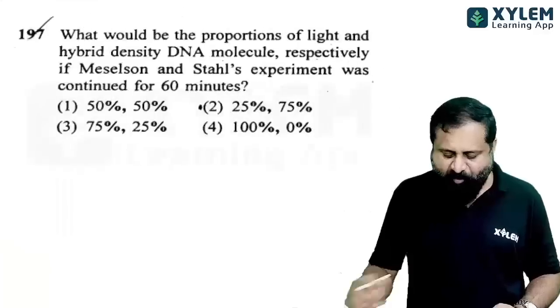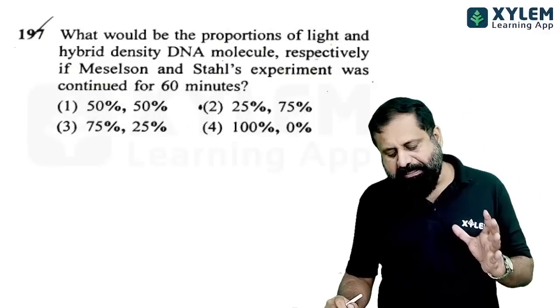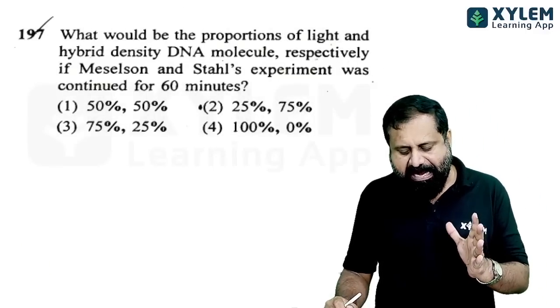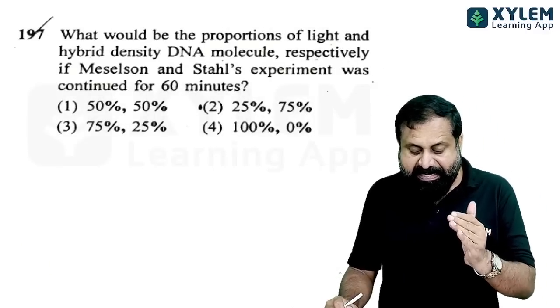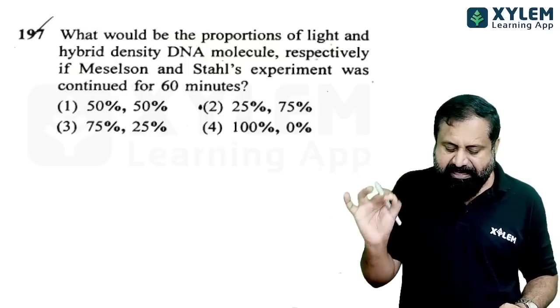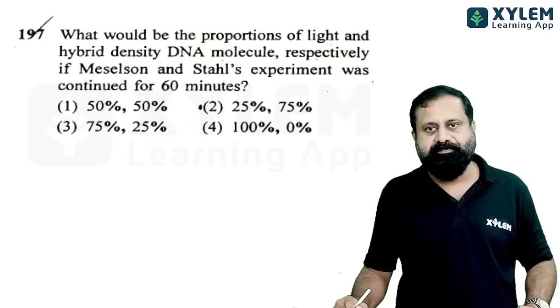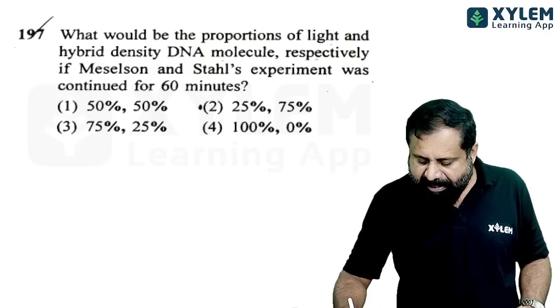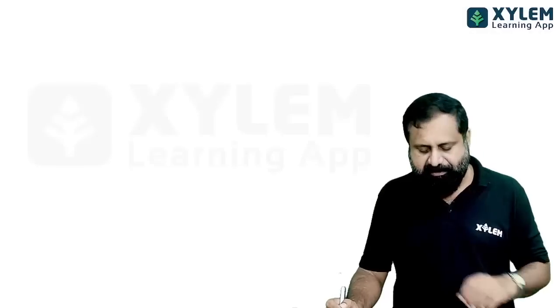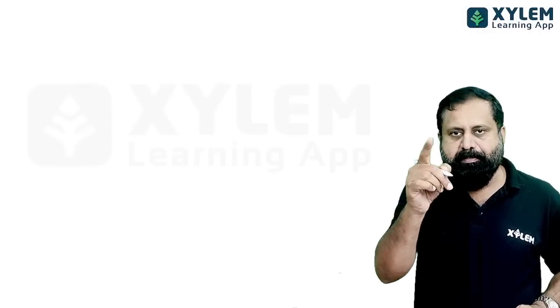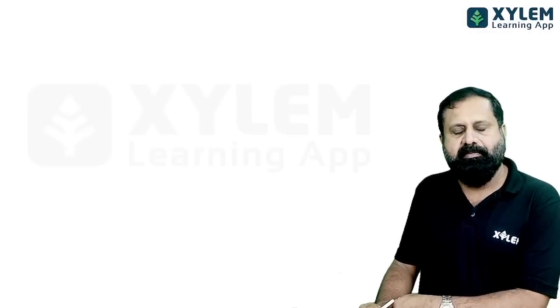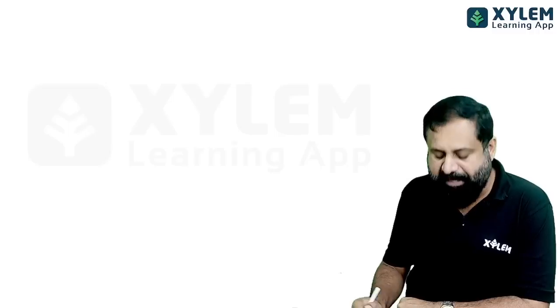Okay, right. 197. What would be the proportion of light and hybrid density DNA molecules respectively if the Meselson and Stahl experiment was continued for 60 minutes? I'll give a clue, a simple trick, very easy. You know the Meselson and Stahl experiment to prove semi-conservative DNA replication.